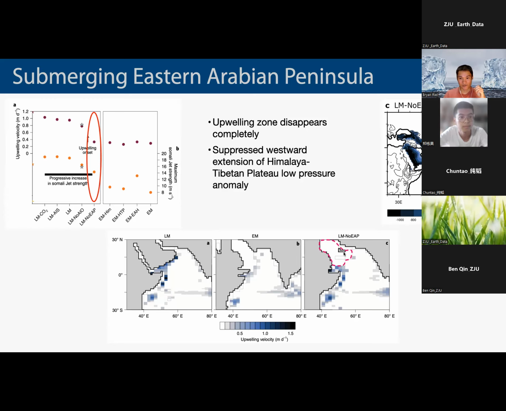You see there are no blue squares here, which is what they were simulating in the late Miocene. So you get rid of this land, you get rid of the upwelling. That's basically the key result here. It also suppresses the westward extension of the Himalaya-Tibetan Plateau low pressure anomaly, and we'll look at this a little bit more in detail later.